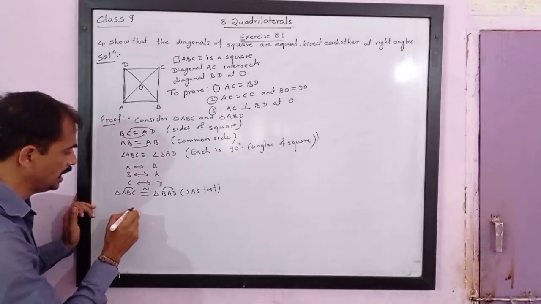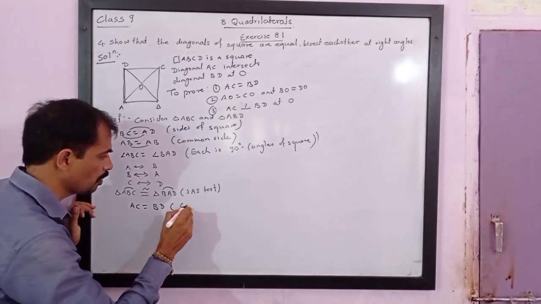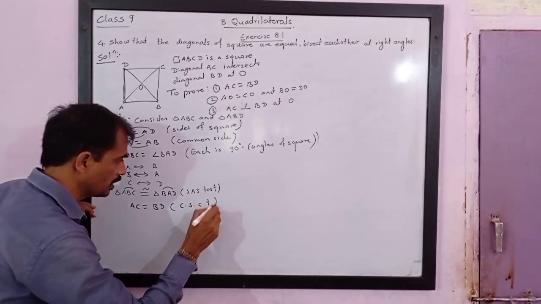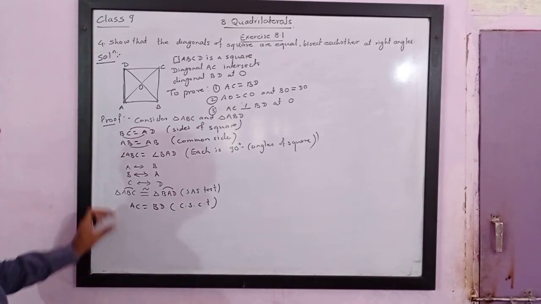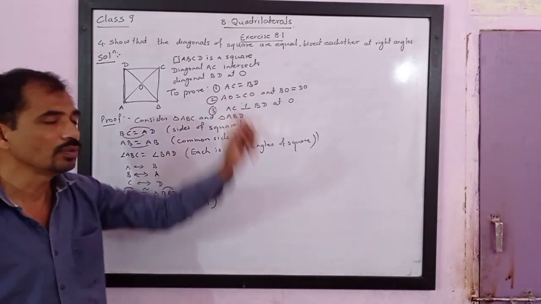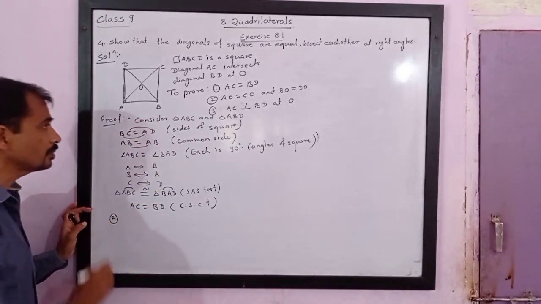So we can say AC equals BD, and the reason is corresponding sides of congruent triangles, or corresponding parts of congruent triangles. So we have got AC equals BD. The first part is proved.